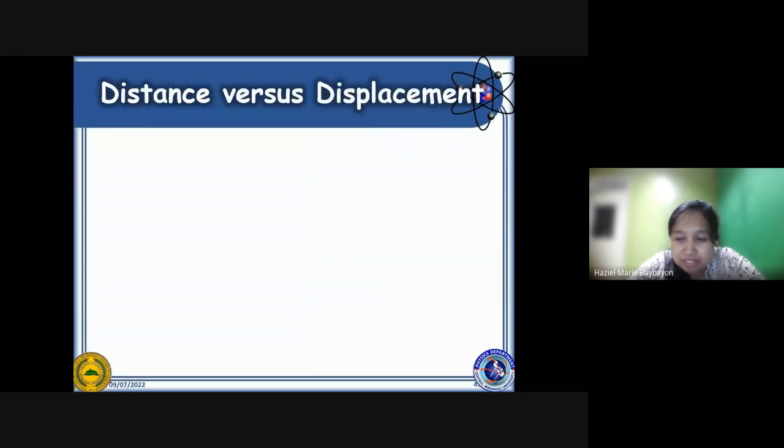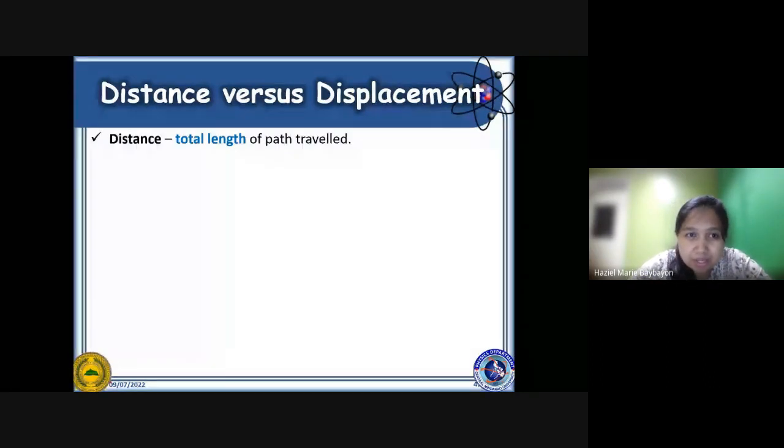Okay, now let us differentiate distance and displacement. So how are these physical quantities different from each other? Take note that distance is a scalar quantity while displacement is a vector quantity. So distance is defined as the total length of path traveled.